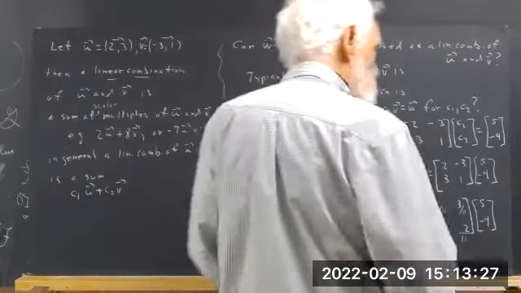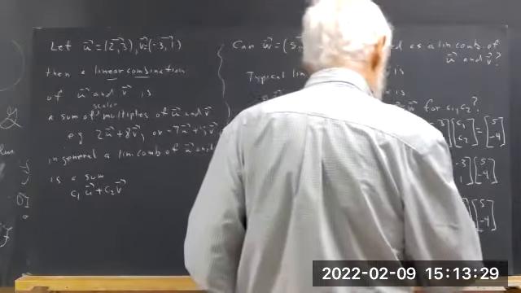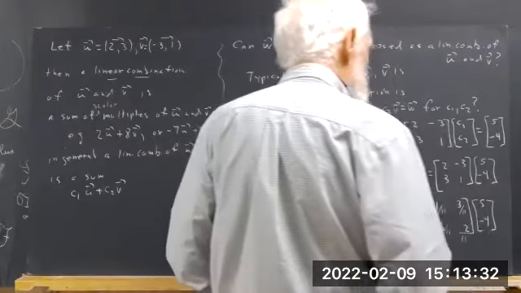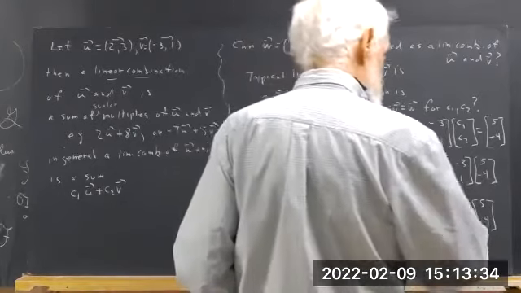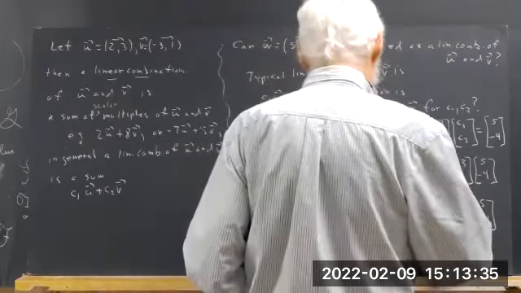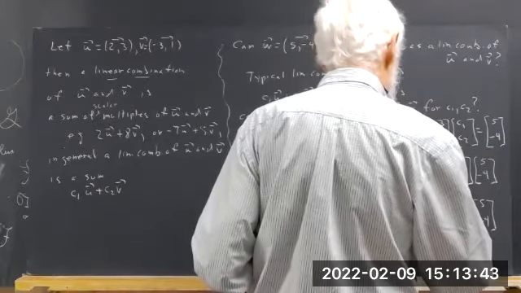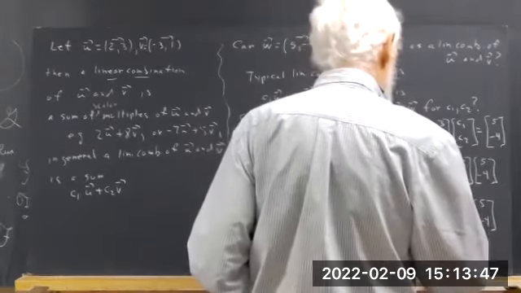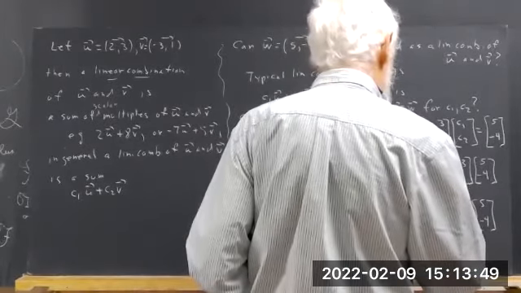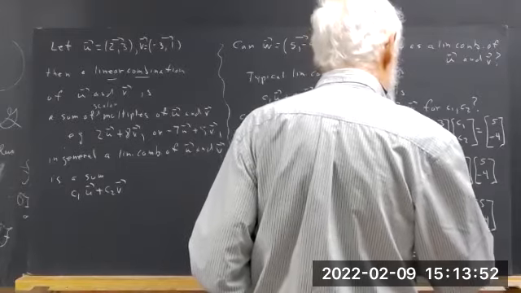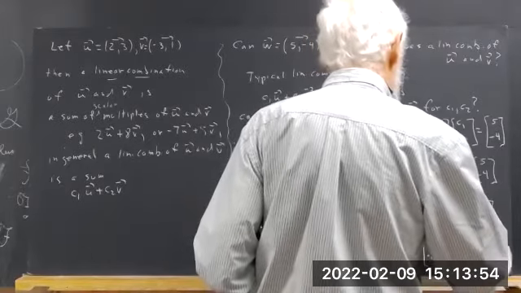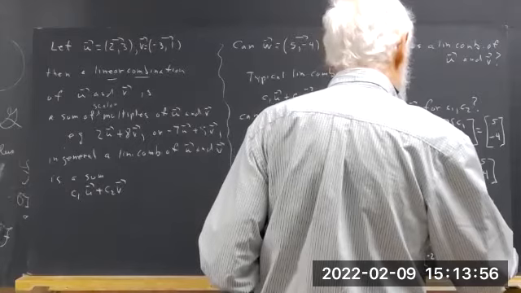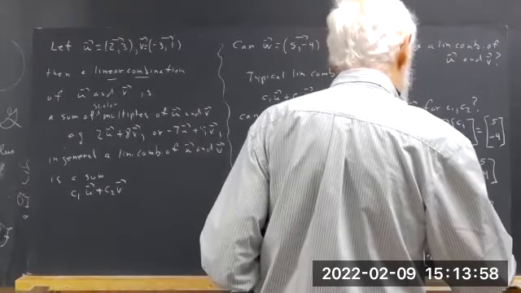Now, if I've done everything right, and you know that that's not always the case, this gives us the vector 5 11ths, negative 12 11ths, which is negative 7 over 11, and negative 15 11ths, and negative 8 11ths, which is negative 22 11ths, which is negative 2.